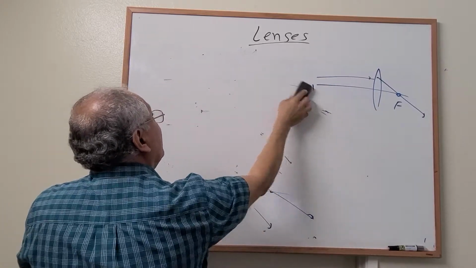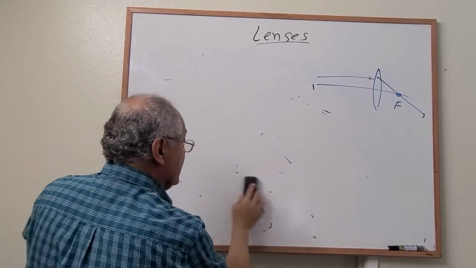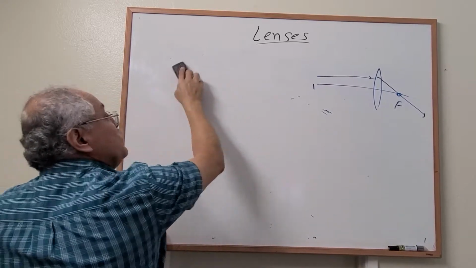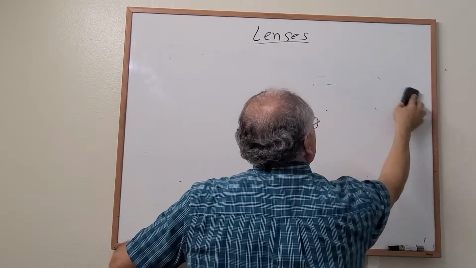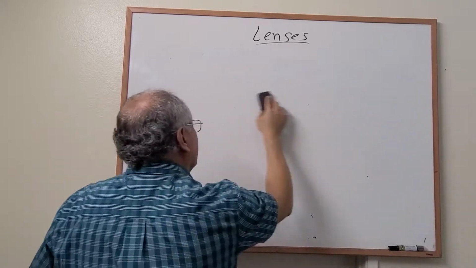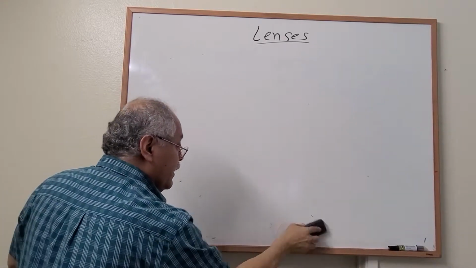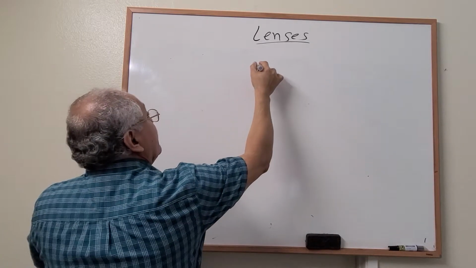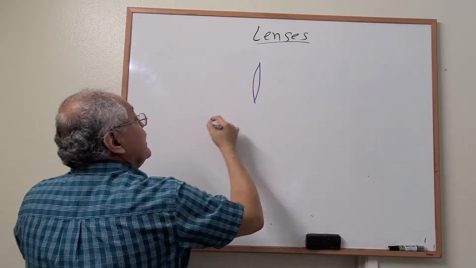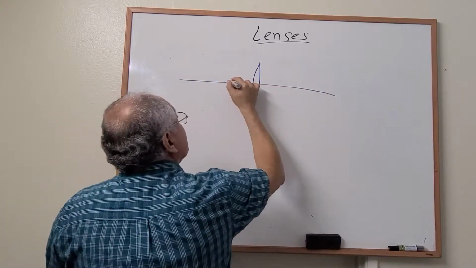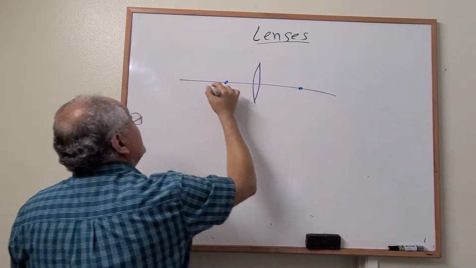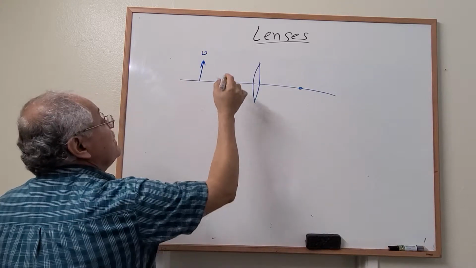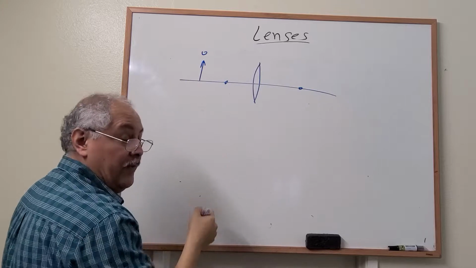Look, when we have a lens and an object, we have three quantities that are very important to describe the function of lenses and light. Imagine again, this is a converging lens, correct? This is the focal point right here. Imagine that we have the object right here. Now let's find the image.